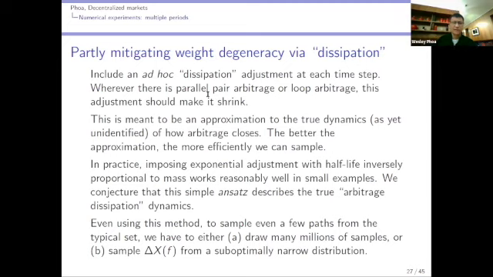So include some dissipation adjustment at each time step, as well as an additional shock. And if you pick something that's a reasonable approximation to the true dynamics of how arbitrage closes, then you're basically carrying out some kind of importance sampling here, and you can hope to sample more from closer to the typical set. In fact, in the very simple small examples, that actually does work reasonably well, and so that's what the following example is based on. But even then, it's not great.